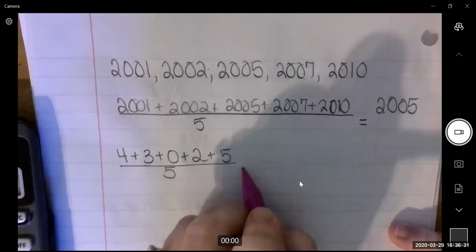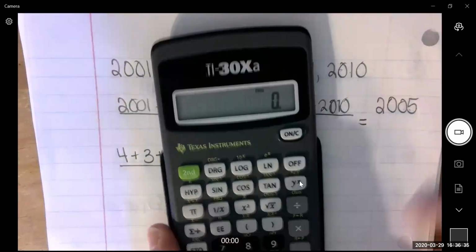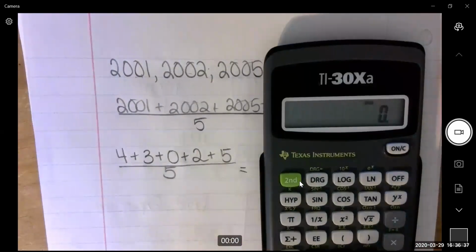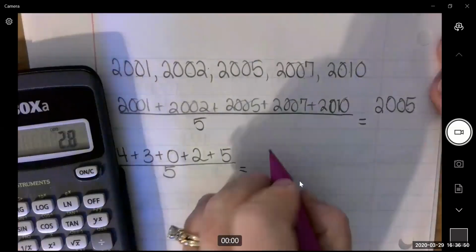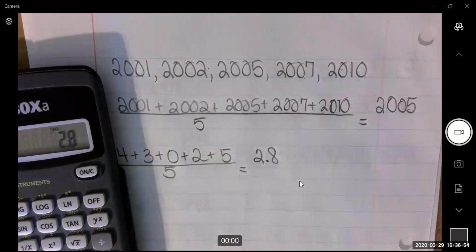So we're going to add those up. We're still dividing by 5. So we've got 4 plus 3 plus 0 plus 2 plus 5. It's 14. And then 14 divided by 5 is 2.8. So the mean absolute deviation is 2.8.